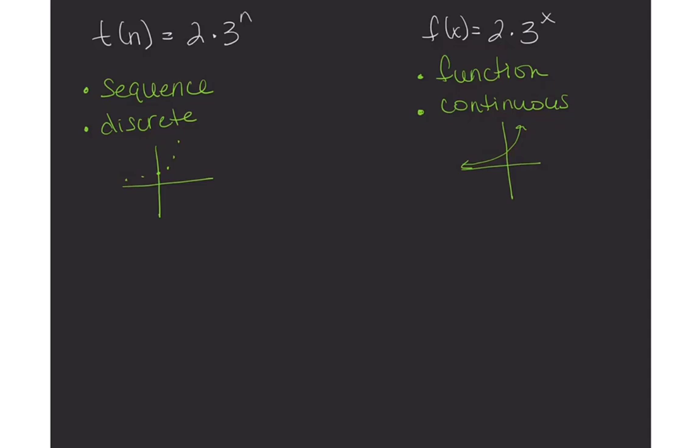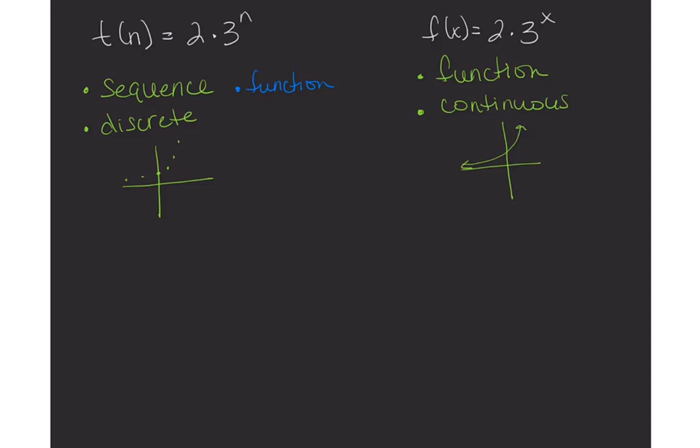Now granted, the definition of a function is for every x value, there's only one y value. So in other words, our x's cannot repeat. So technically this one is also a function under the definition that a function is where your x values do not repeat.